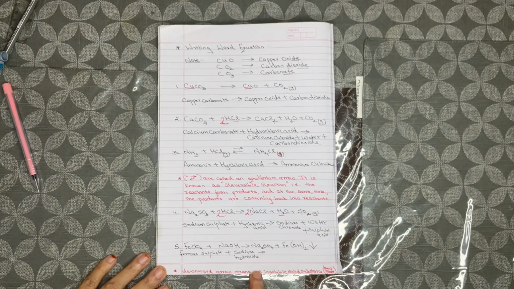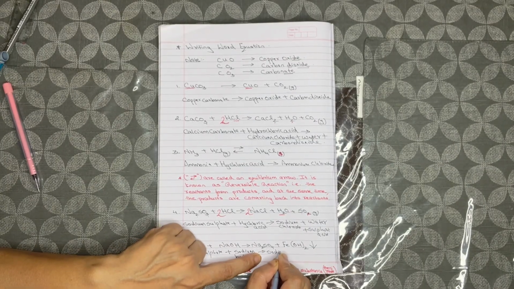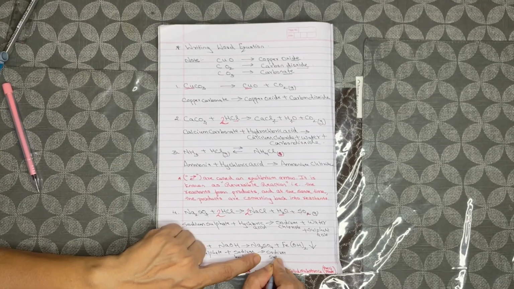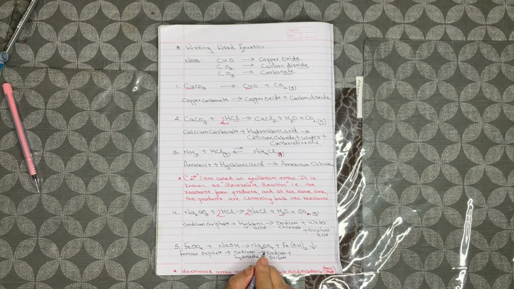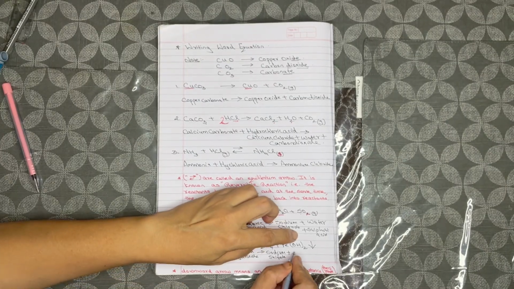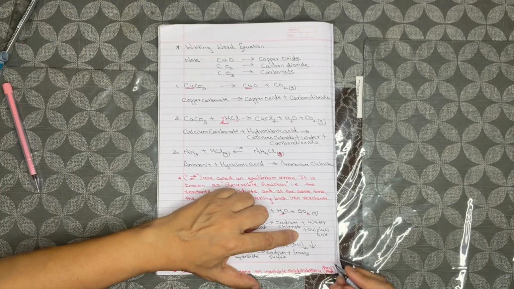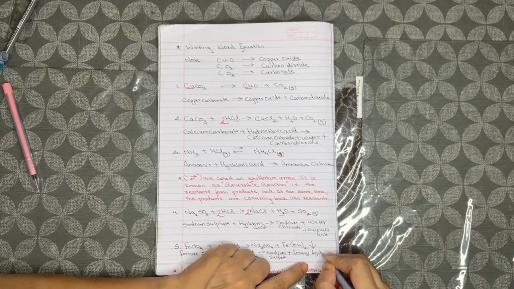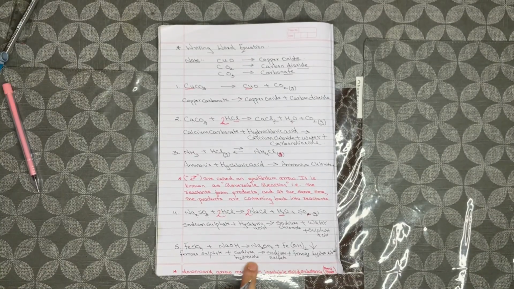Na2 is sodium, SO4 is sulfate. So it gives us sodium sulfate plus Fe(OH)2. It means ferrous hydroxide. So whatever written in words, it is word equation.